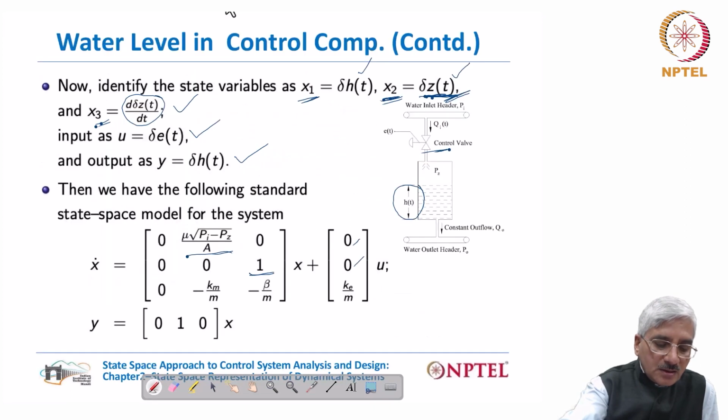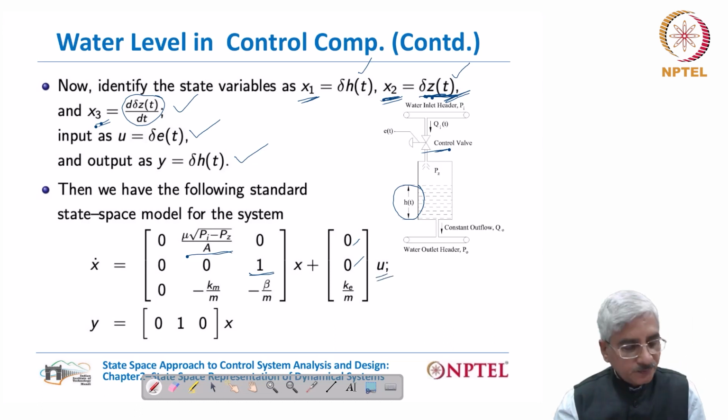So with this knowledge, we can write that x3 dot equal to minus beta by m into x3 minus km by m into x2 plus ke by m into e, which is the input.